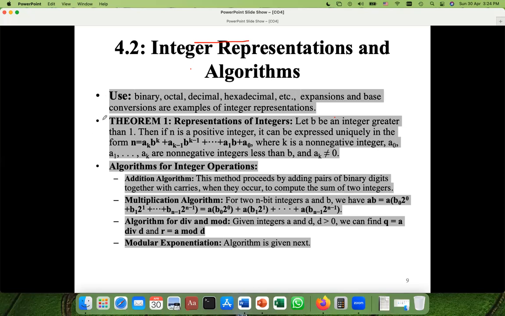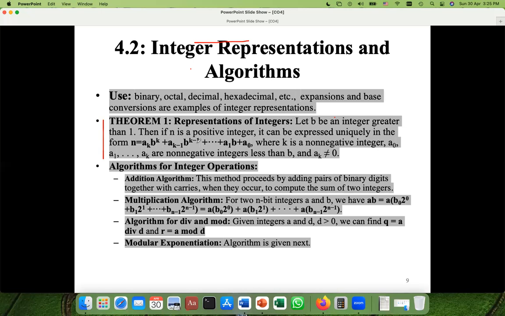Now the theorem statement regarding representation. In this theorem, if we have some number n, we can represent that number in this form: a_k multiplied by b raised to the power k, plus a_(k-1) multiplied by b raised to the power k minus 1, plus and so on, plus a_1 b plus a_0.